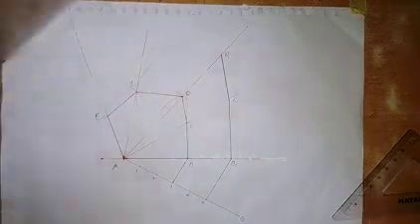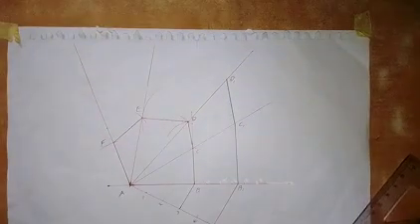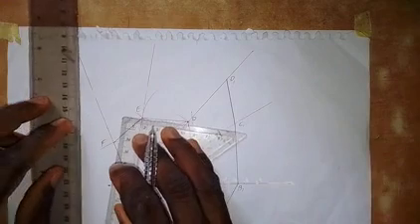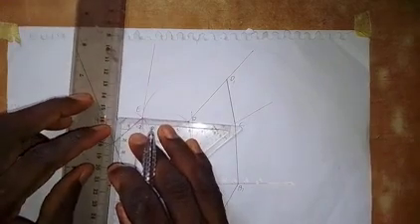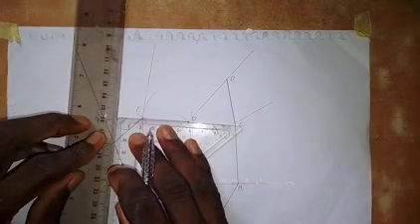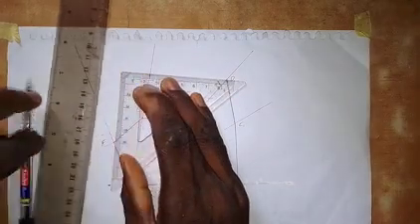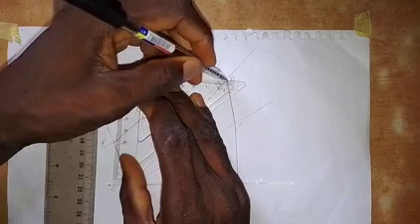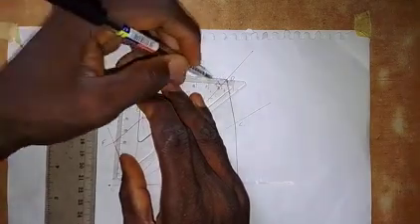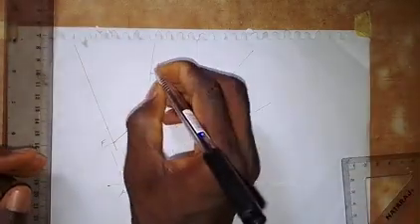Next we set our set square along DE, then we shift it to point D1 like this, then we draw the line like this. So this is E1.